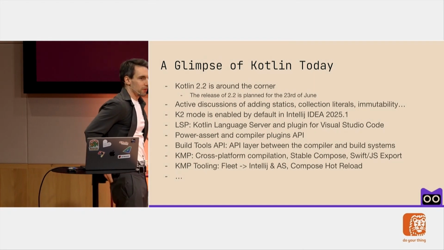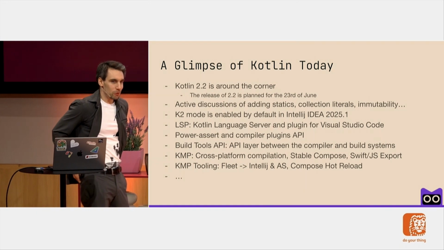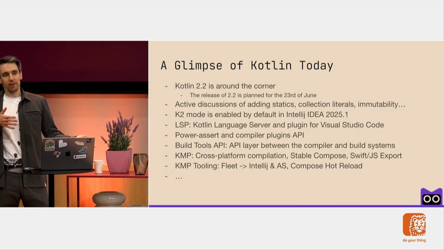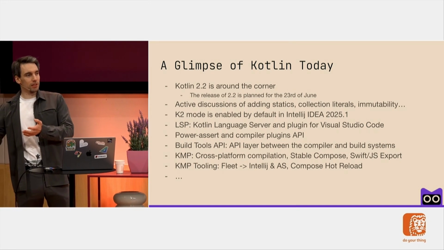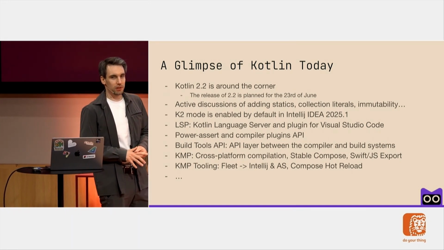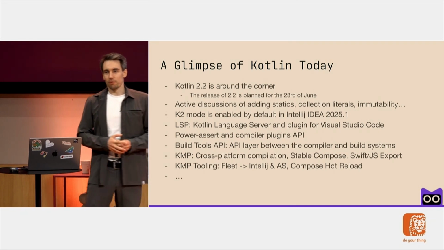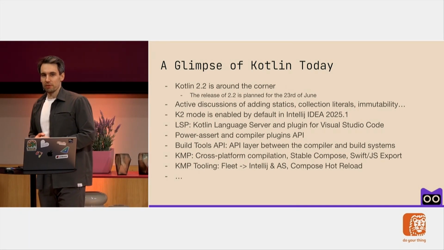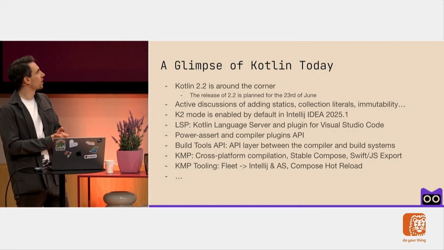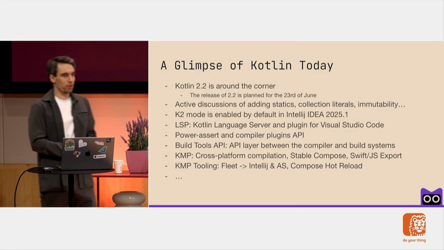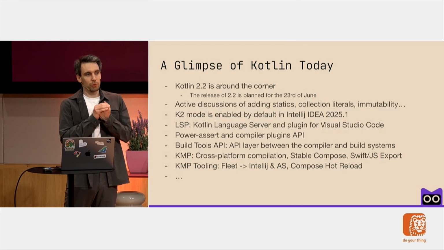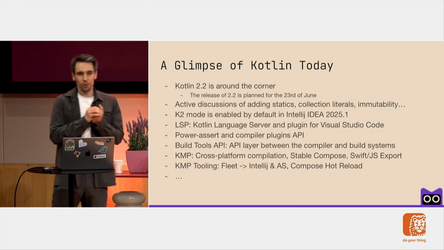Also, on this note, we're developing a build tools API, which is an API layer between the compiler and build tool systems. Right now we are quite focused on Gradle, but of course we are aware that people would love to use, for instance, Maven on the server side, or Bazel or Bug. If you want to have more or less the same experience, we'd have to repeat all the work, which is insane.